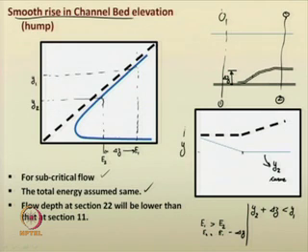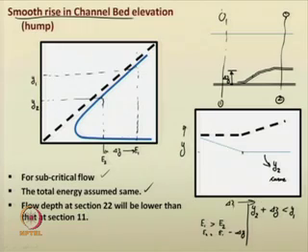See, this is depth y and this is the channel profile. So, as the del z height increases, you will see there will be a decrease in the depth of flow at the downstream section or section 2, then it reaches the critical depth.